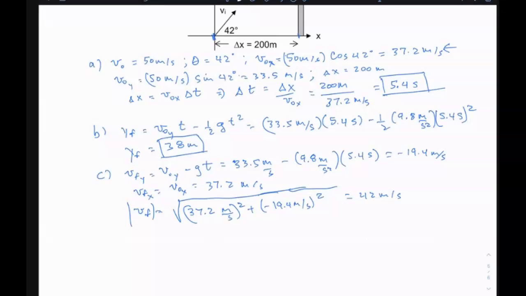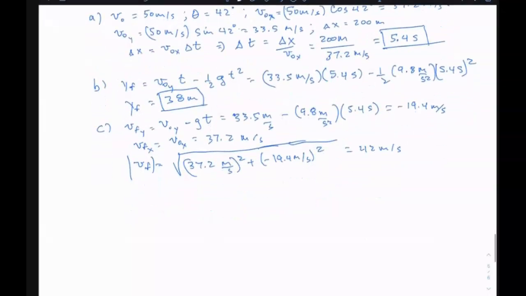Then, to solve for theta sub f, the final direction, we draw the vectors by the components of the final velocity.